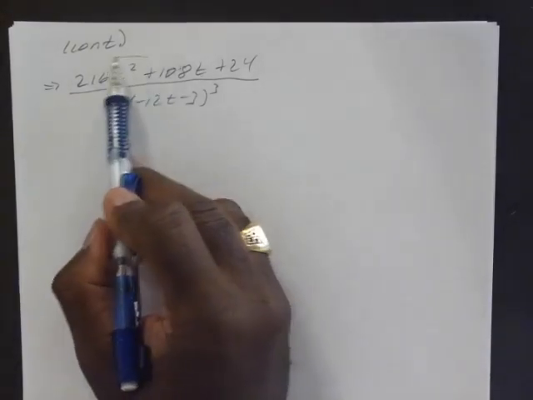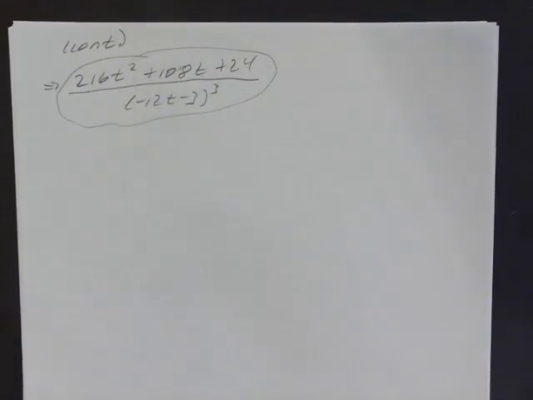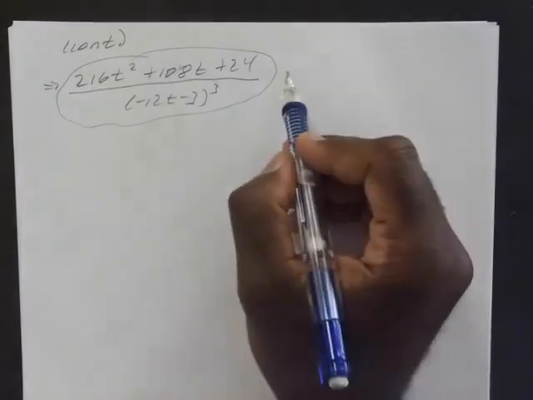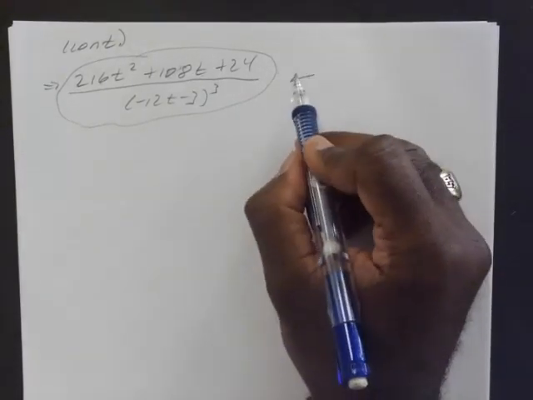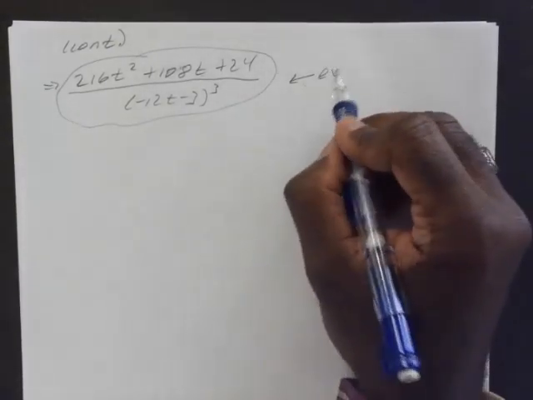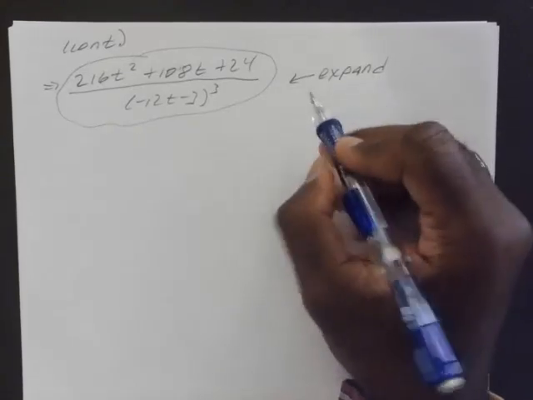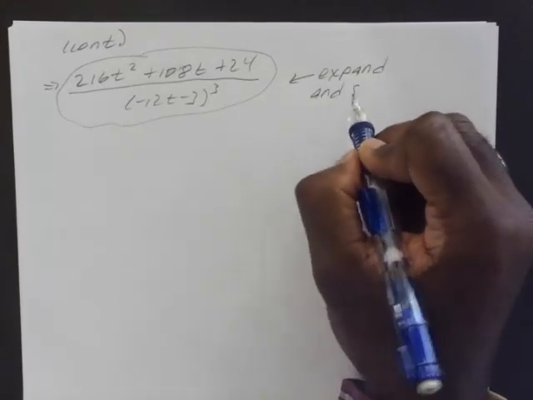Okay, so like I said, you could put this in. I would definitely try to put that in first. But if they don't accept it because it's not in the simplest form, then all we have to do is expand our denominator and simplify.